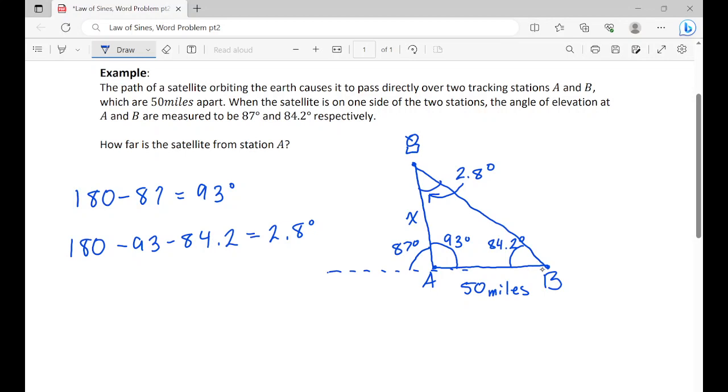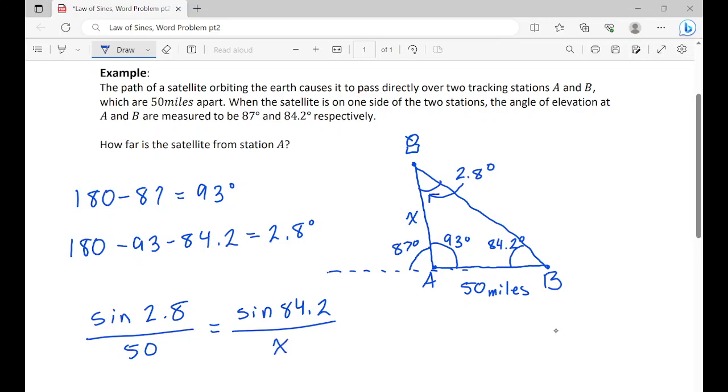To do that, I'm going to use B. So law of sines says sine of 2.8 over 50 is equal to sine of 84.2 over x, because I don't know that length.